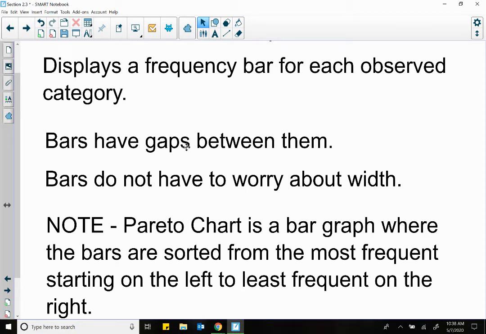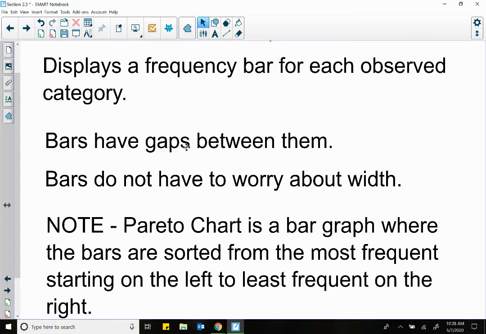And the reason why they're gaps is because there's really no overlap because you're dealing with categories. What's the overlap for over the top and underneath the toilet roll? There really is no overlap. There's no reason for them to touch. Just like if I had categories of colors, why would my red bar have to touch a green bar? Okay, that doesn't make any sense.